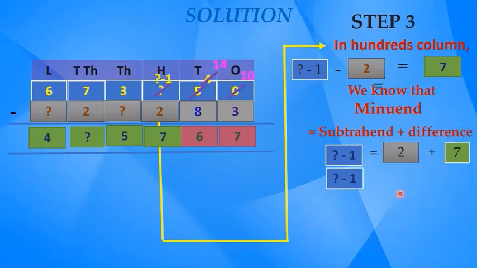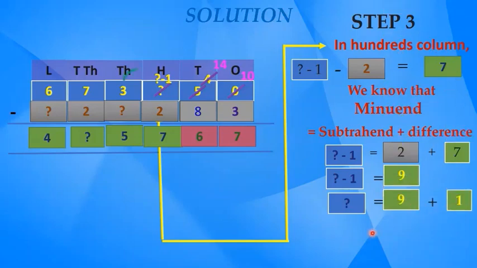So, this one we are writing here. And 2 plus 7 is 9. But here you are doing subtraction, no? Minus 1 we are doing. So, you have to add here. In the place of 9, now question mark becomes 9 plus 1, which is equal to 10. But can you write 10 here, Nana? No, in that question mark place you have to write 0.